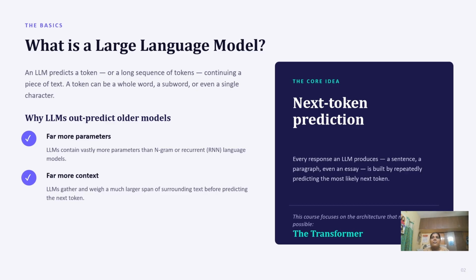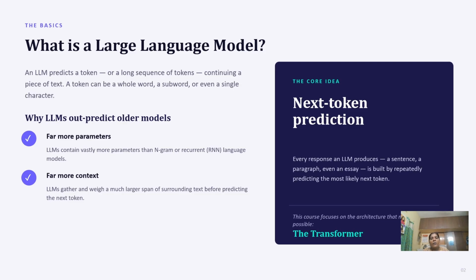Based on statistical probability, it fills in the word that would come next, based on everything it has ever read. It takes knowledge from various websites, books, articles, Wikipedia, and all that.